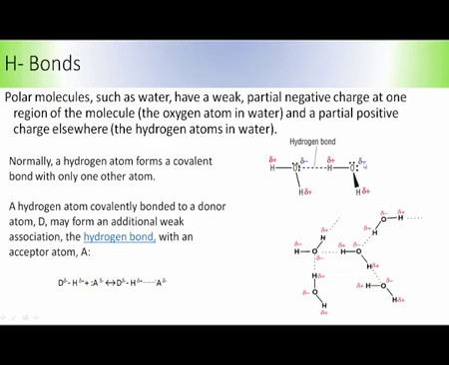Or we can conversely place it that this negatively charged oxygen here is now capable of interacting or forming what is called the hydrogen bond with the hydrogen which is slightly positively charged from another water molecule.